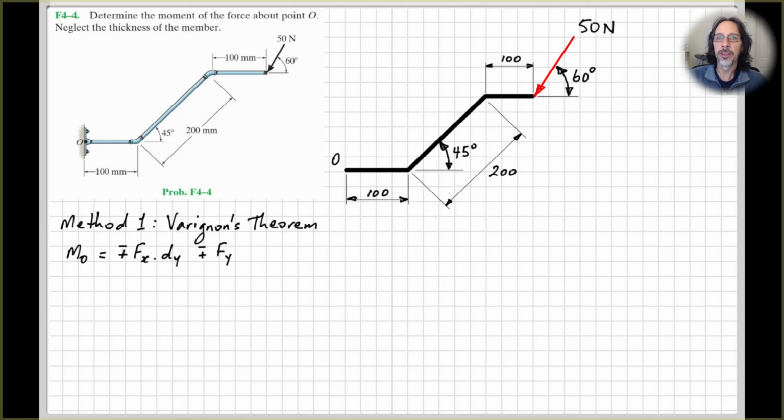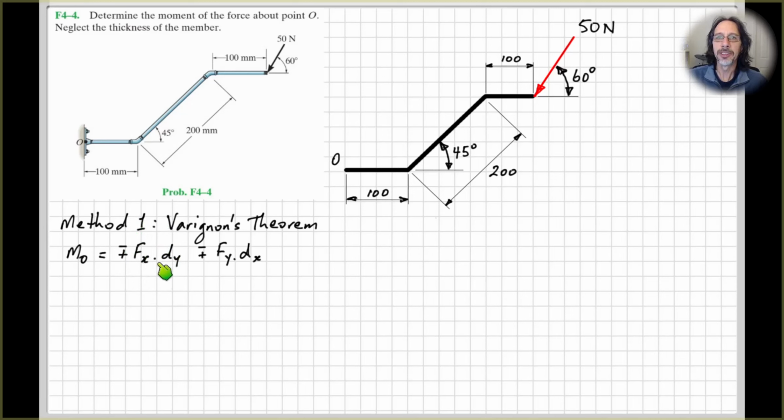I like to write the equation for Varignon's theorem, or the principle of moments, like you can see on the screen here. So the moment is equal to the sum of the moments of each of the components. Typically we'll have components in x and y directions. They don't have to be, but usually that's the case.